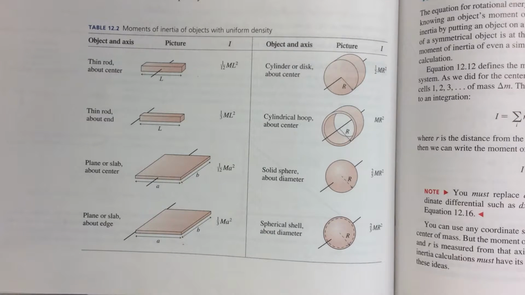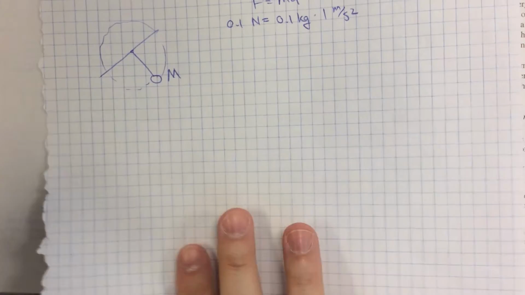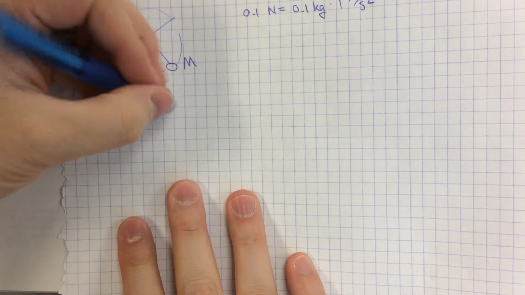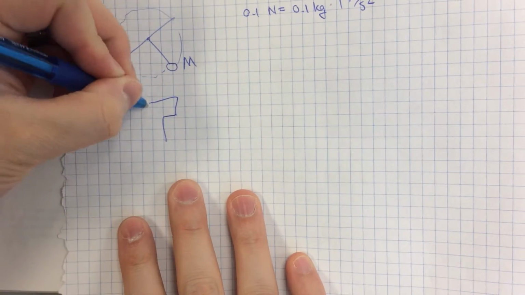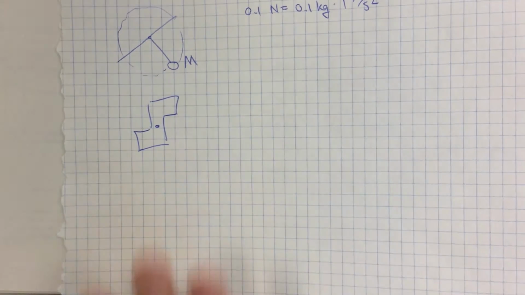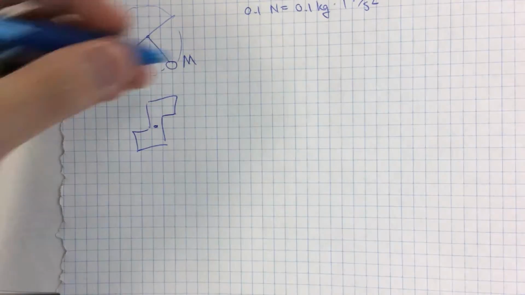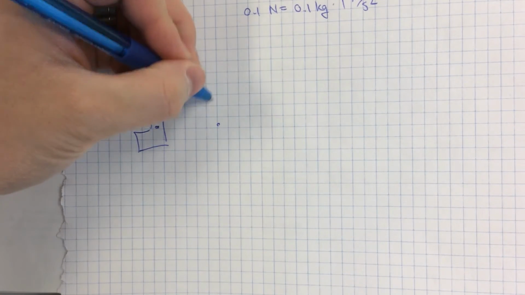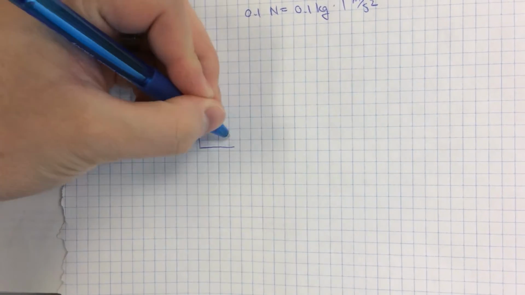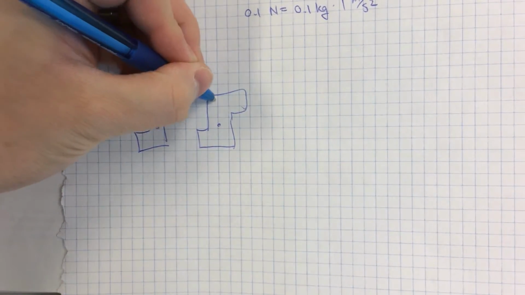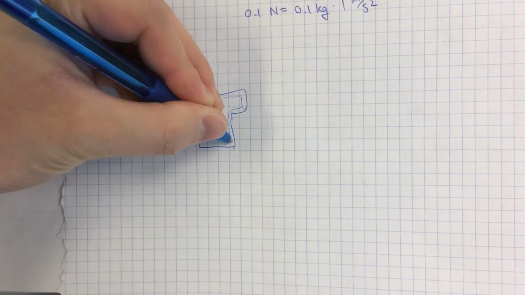So if on the AP exam they give you some weird shape, two odd shapes, like I take something like this, and I spin it around here. And I ask you, which one is easier to spin, this one or this one that is a shell?